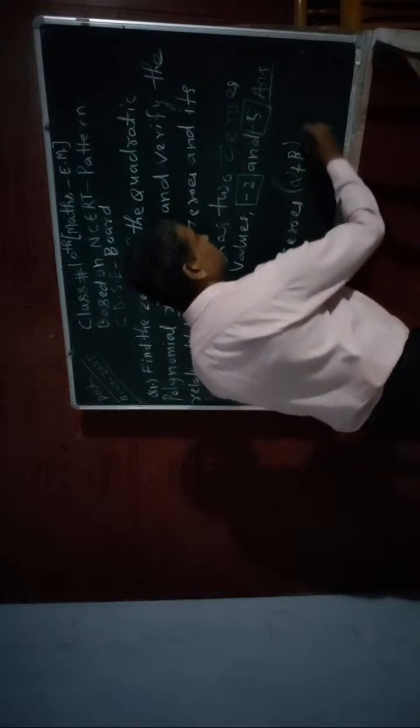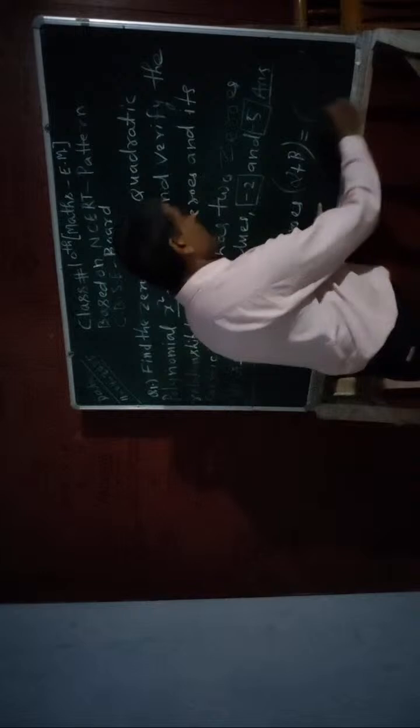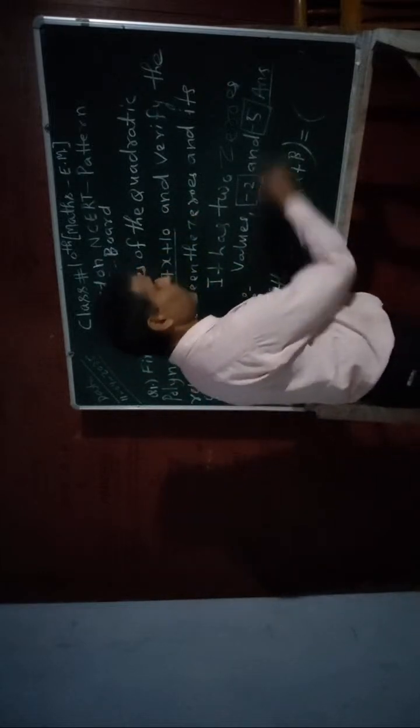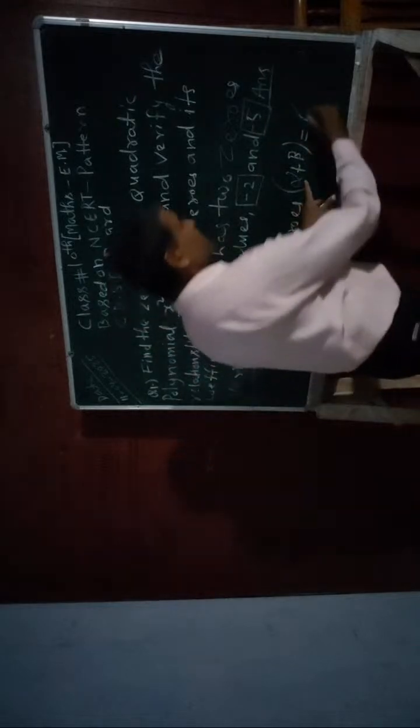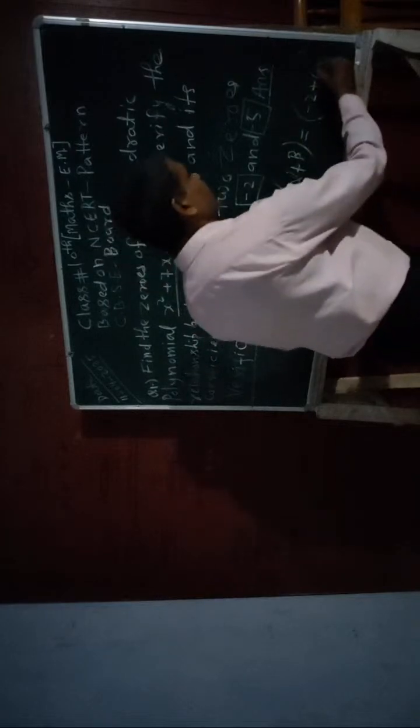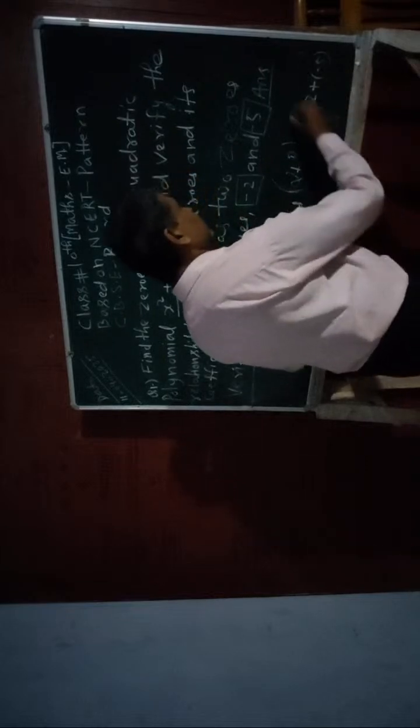I will put the value of alpha: in the place of alpha I will write -2, plus, in the place of beta I will write -5.